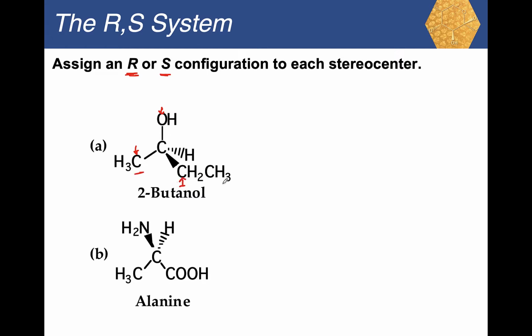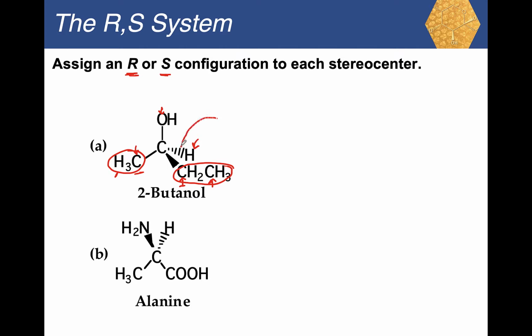In that case, we go to the next atom. The next atom here is carbon, which is 6. The next atom here is hydrogen. So this will have priority over this one. And of course, here is hydrogen. It has an atomic number of 1, so therefore it has the lowest priority.